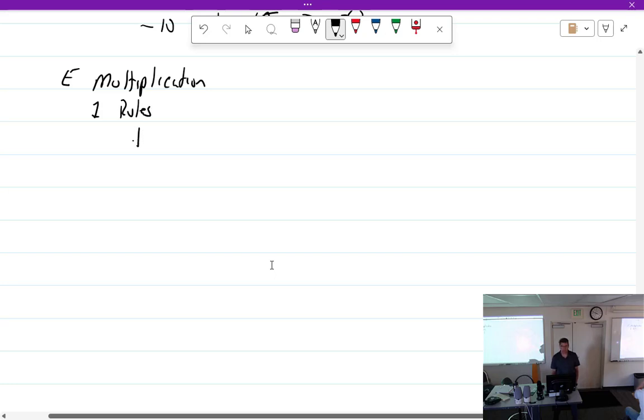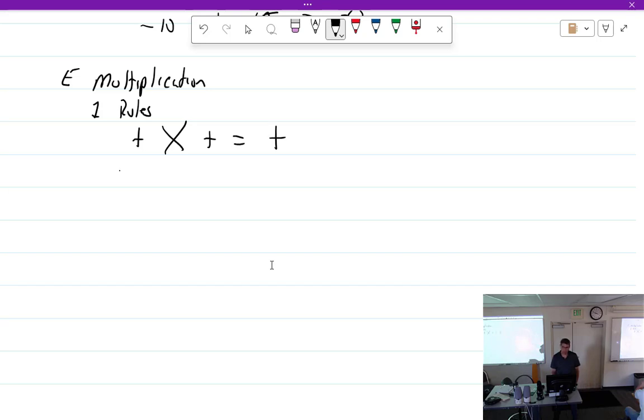A positive number times a positive number always equals a positive. A negative times a negative always equals a positive. A negative, I almost said negative. Negative times a positive equals a negative. And that's the rule. That's the way it goes.